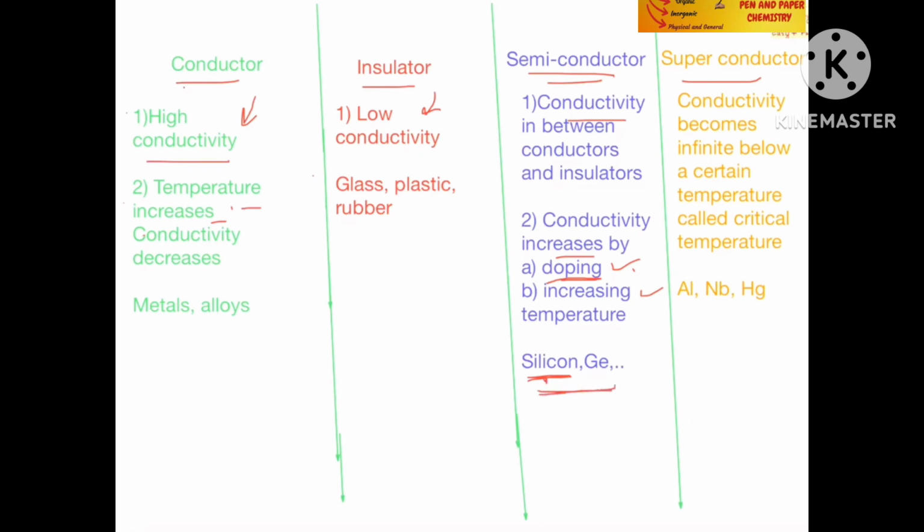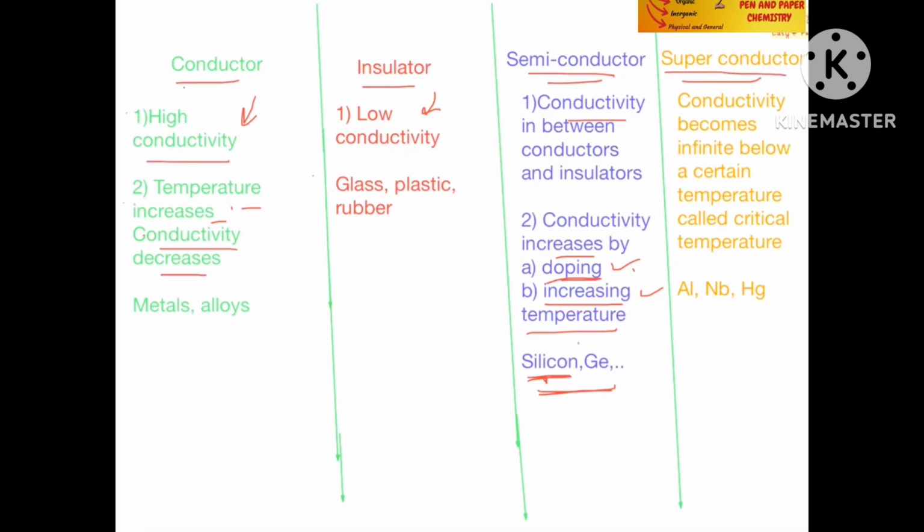You will study the details of this under a different heading. We are not touching on that. Secondly, another interesting point is, unlike conductors whose conductivity decreases with increase in temperature, semiconductors on the other hand, their conductivity increases by increase in temperature.